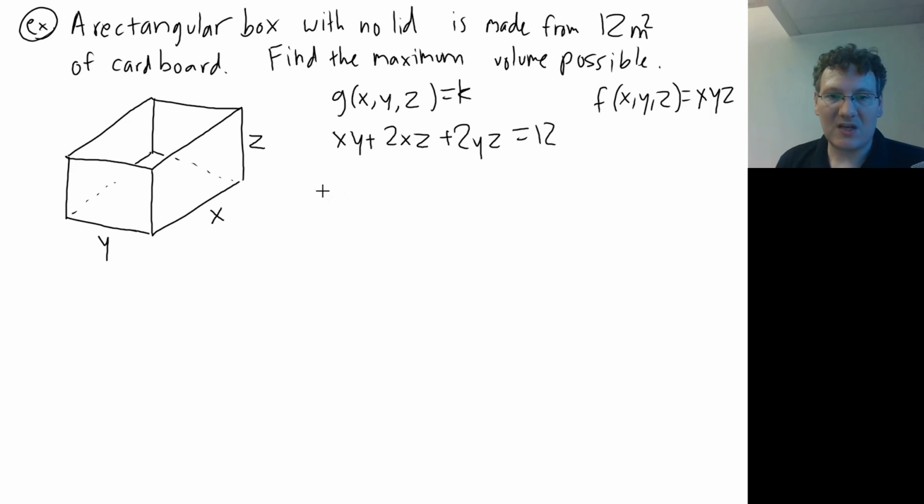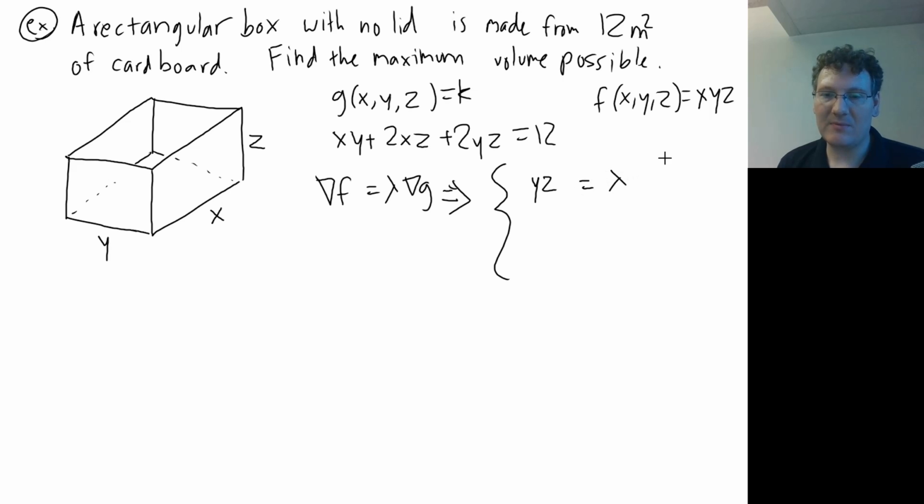So we set up the equation: the gradient of f equals lambda times the gradient of g. And what is the gradient? It's a vector, so this actually gives us 3 equations. The gradient of f is the partial derivative with respect to x, y, and z. The partial derivative with respect to x is yz, equal to lambda times the partial derivative of g with respect to x, which is y plus 2z.